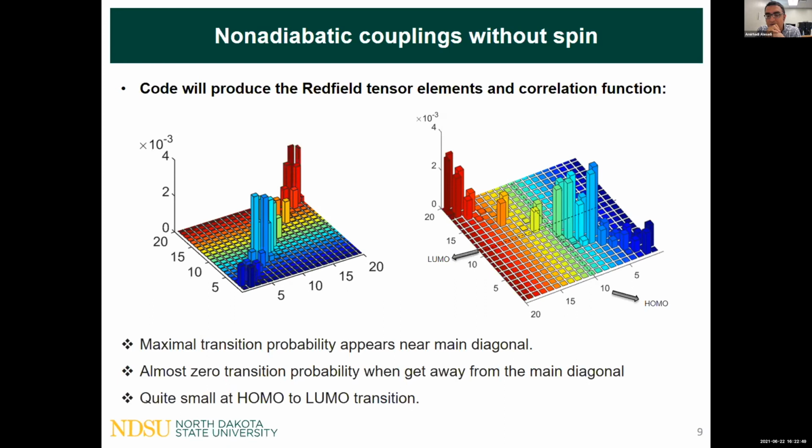I do not have enough study on this transition probability, but before plotting this, to be honest, I expected a larger value on the HOMO to LUMO tile here. But I was surprised. Could you please clarify a little more?